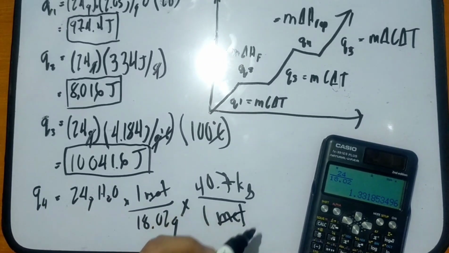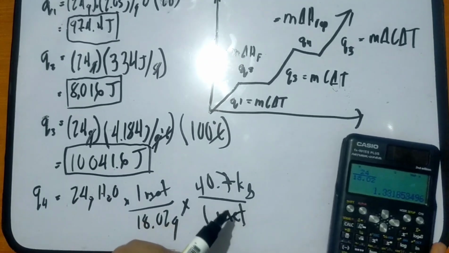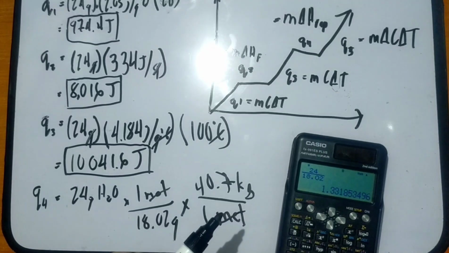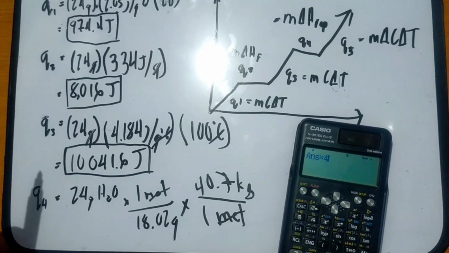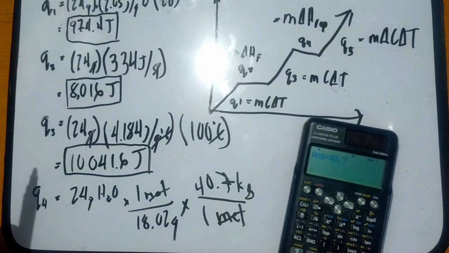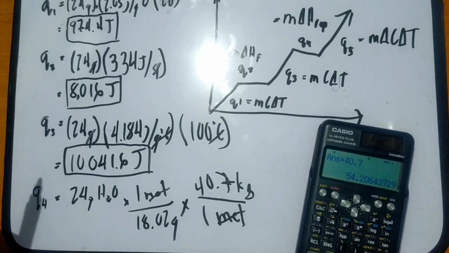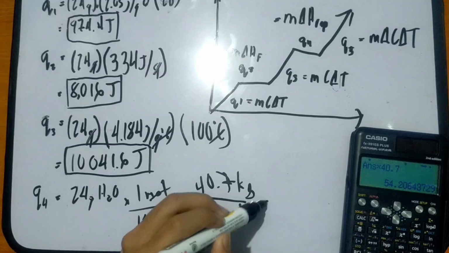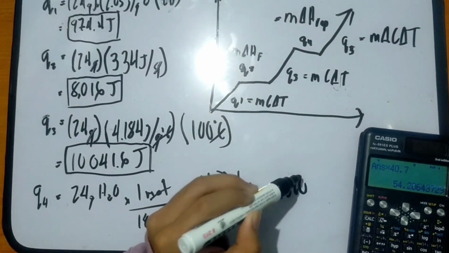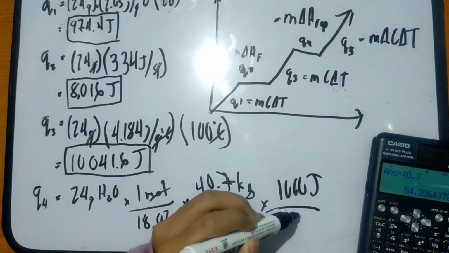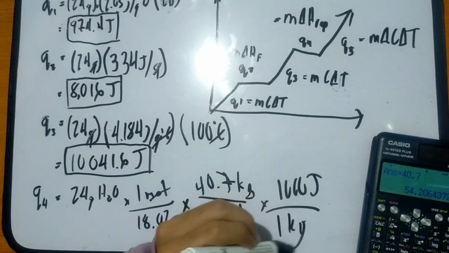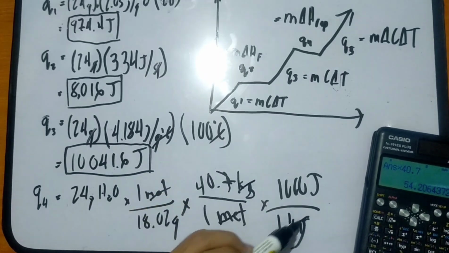We'll end up having kilojoules. So, ito times lang natin to sa 40.7, is magiging 54. But, our standard unit is joules. So, i-convert naman natin siya into 1,000 joules, 1 kilojoules. Para ma-cancel out natin yung kilojoules, at yan.